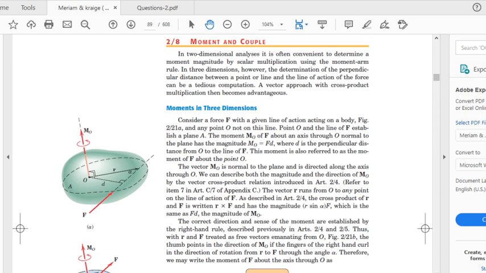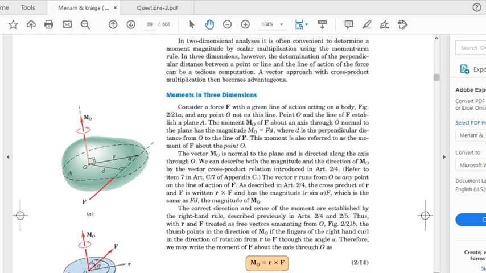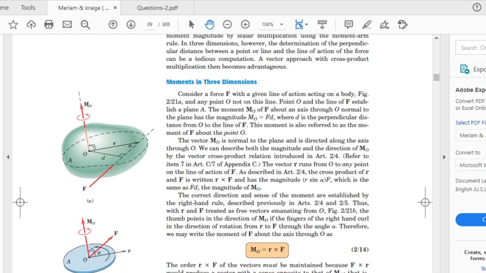The basic formula remains the same, which we have already studied in 2 dimensions. That is, M is equal to r bar cross F. Since we are using vectors, we will be just talking about this cross product formula. The only difference is going to be that now r bar is going to have three components in general, and force is going to have three components in general.